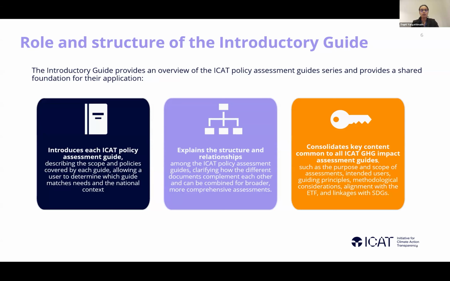It also explains how the guides are structured and relate to one another, and how they can be combined to support more comprehensive assessments. It also brings together key elements common to GHG impact assessment guides, including the purpose and scope of assessments, intended users, guiding principles, methodological considerations, alignment with ETF, and links to sustainable development goals.